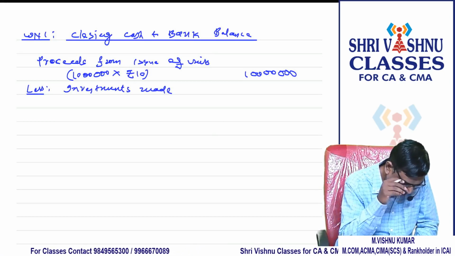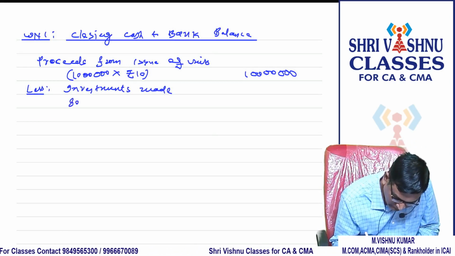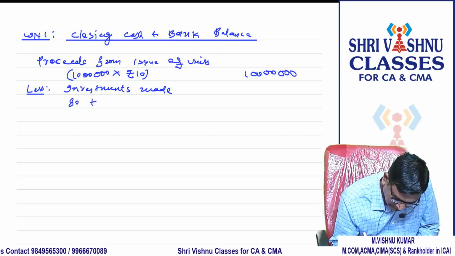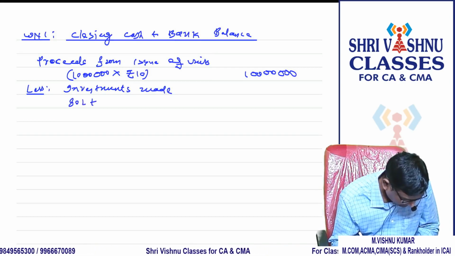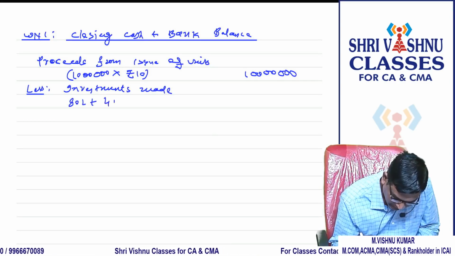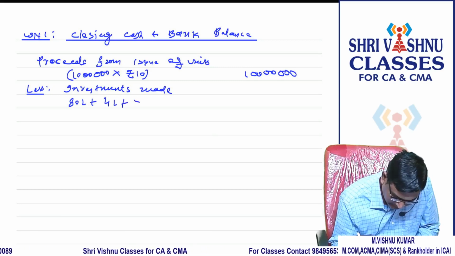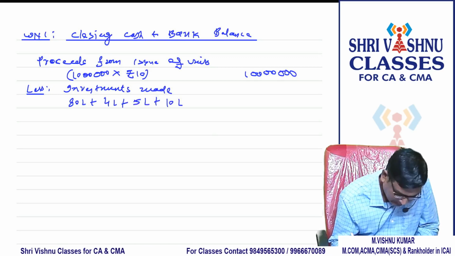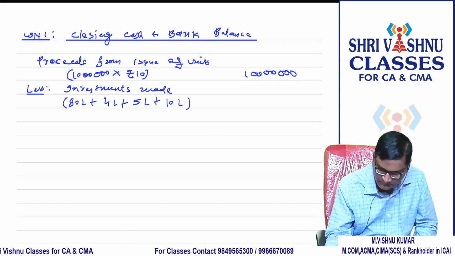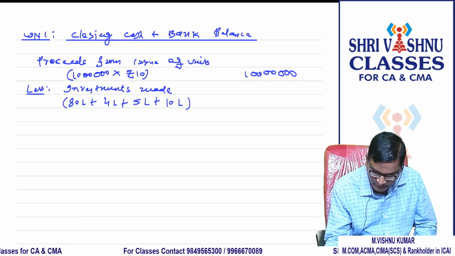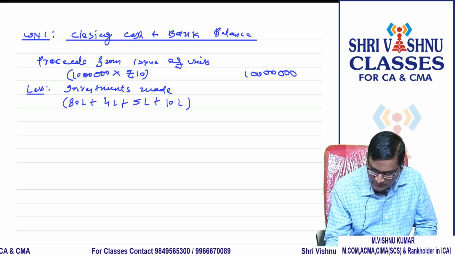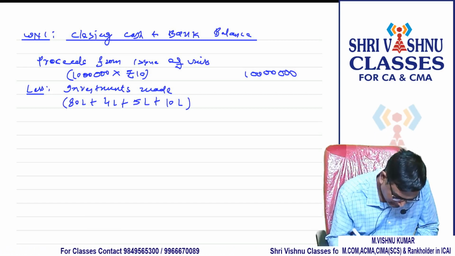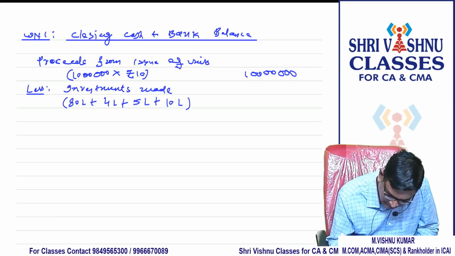Investments made: 80 lakhs, 4 lakhs, 5 lakhs, 10 lakhs. Total 89 lakhs.